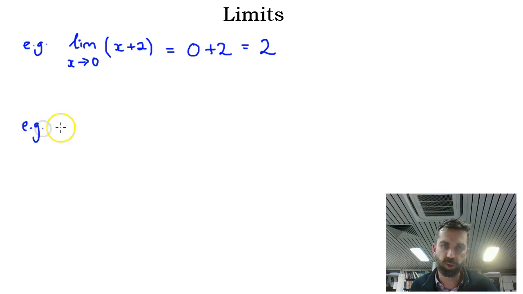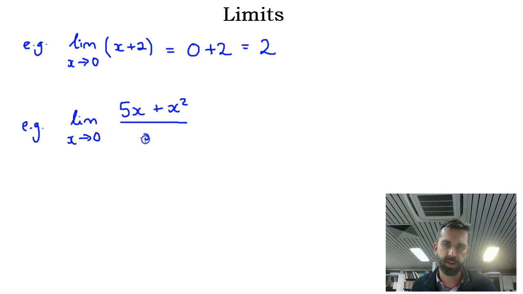Slightly harder case. Let's just do the one I just did as an example. The limit as x approaches 0 of 5x plus x squared over x. I showed you the graph of that, but we can actually do that algebraically as well. We've got this x on the bottom line, which is causing us issues at x equals 0. It's undefined.